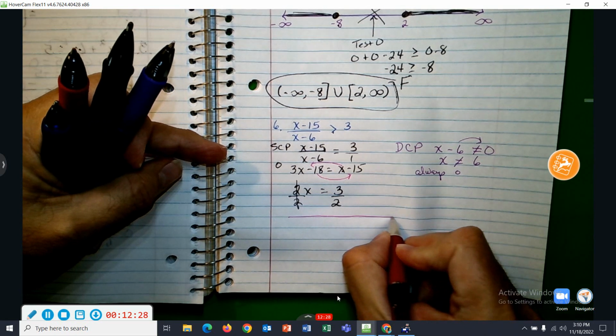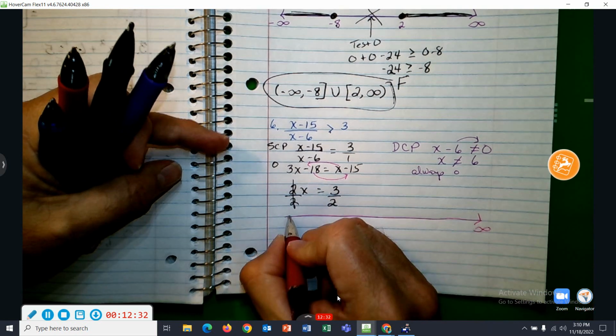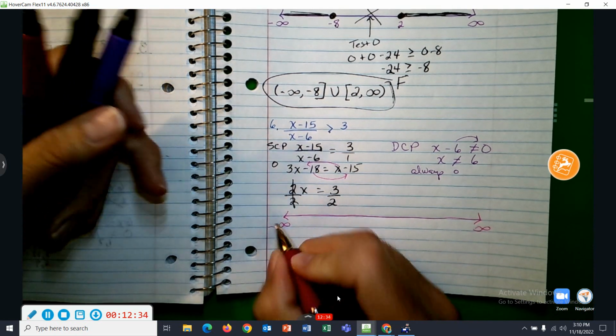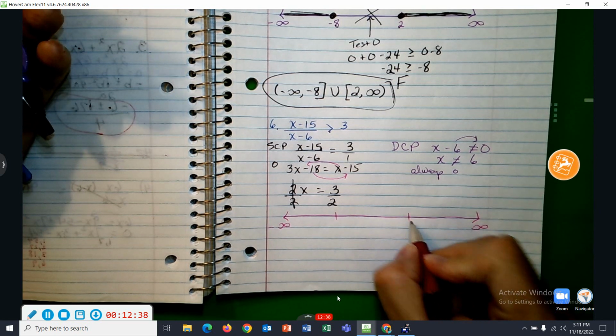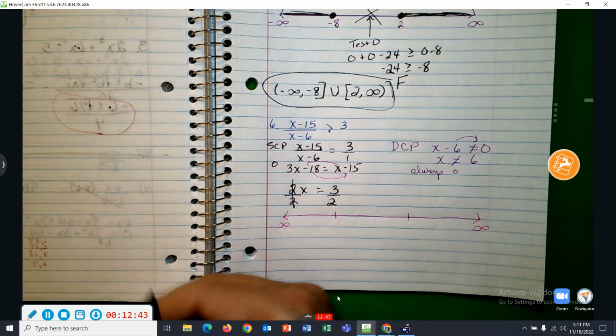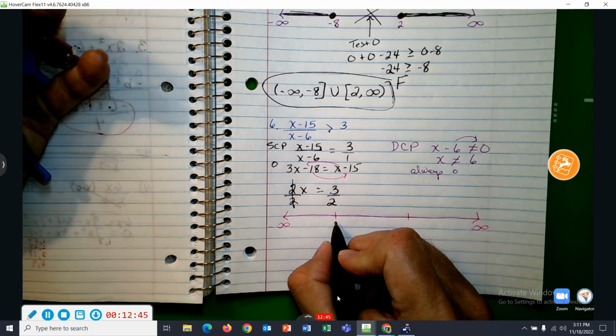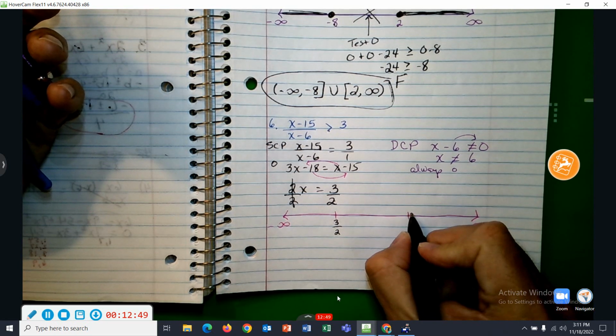So draw a number line and let's label. Be sure to label these numbers in numerical order. A positive 3/2 is to the left of a positive 6.